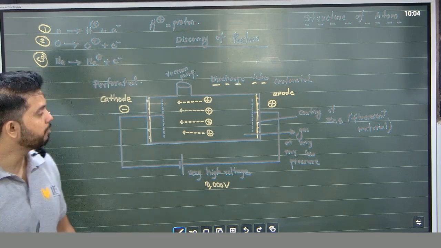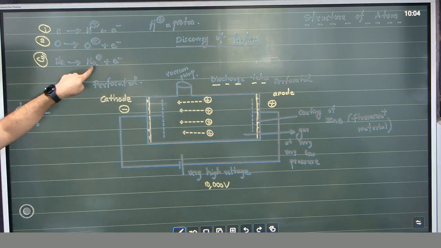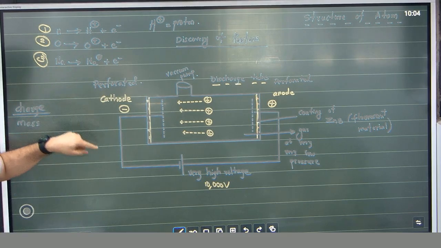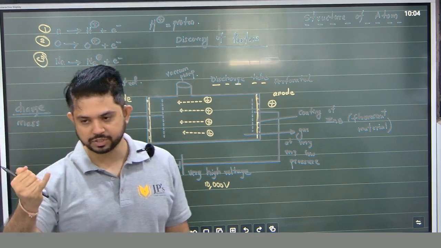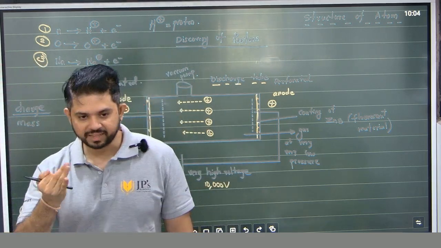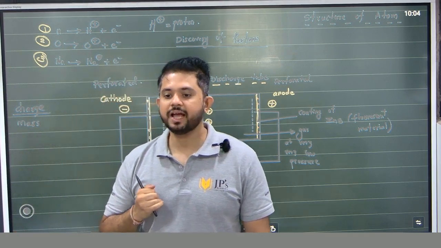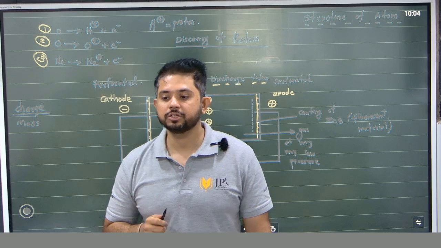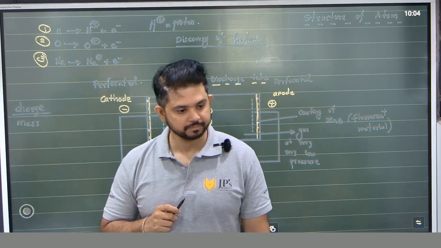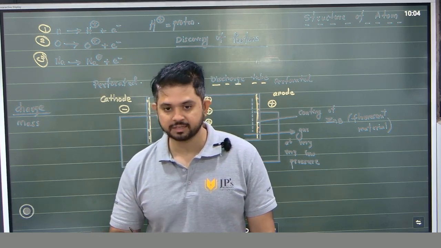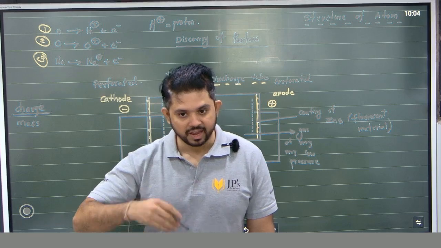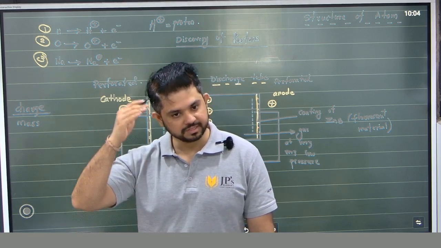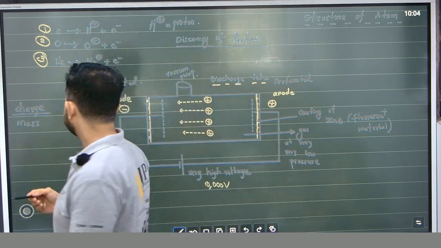Then I remove O plus and put Na plus. Will it again change? I have a question. Out of the three, H, O and Na, which has the highest charge to mass ratio? H plus. The lighter the gas, the lower its mass, the smaller the denominator, and so the ratio will be greater. So how do we say it?